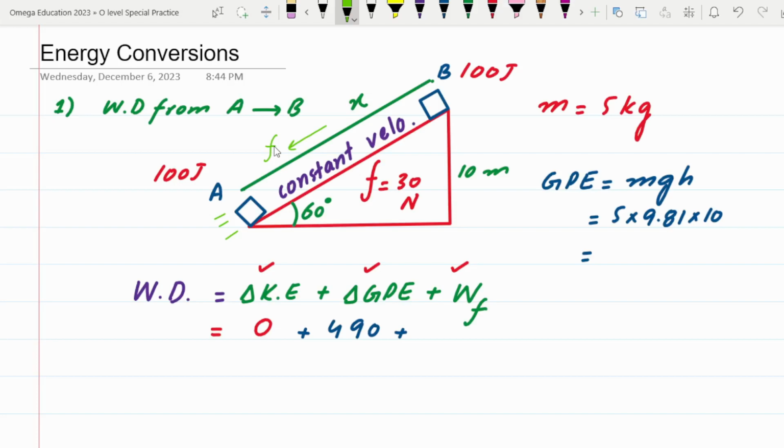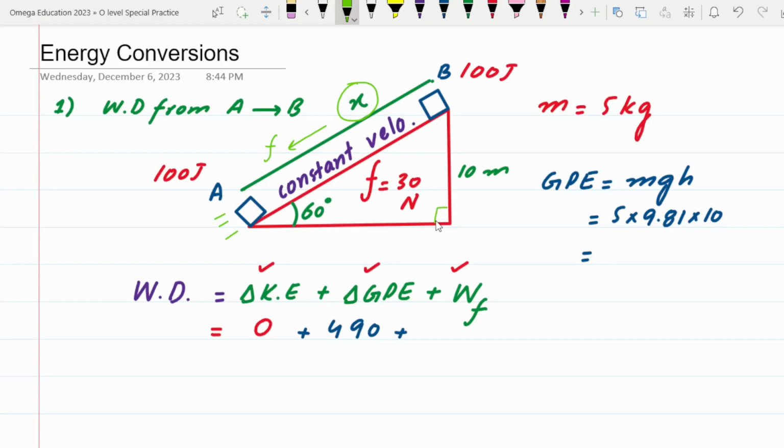So friction is there as the block moves from A to B. But do we have the distance on that line? Well, we are provided with this expression that the distance is x. Now, if you see it properly, you can call that x equal to the hypotenuse of this right-angle triangle.